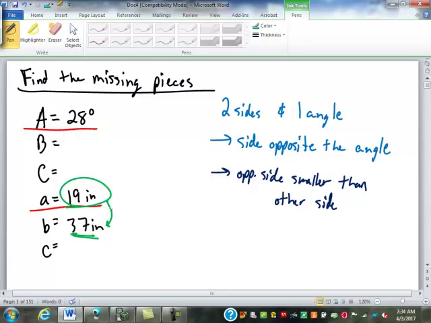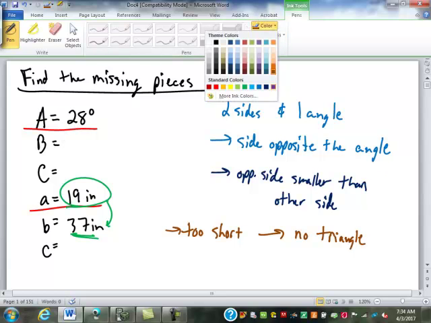So what that is telling us is that one of two things is going to happen. If that opposite side, in this case side A, is too short, it's possible that it does not form a triangle. In this case, that's not a problem.